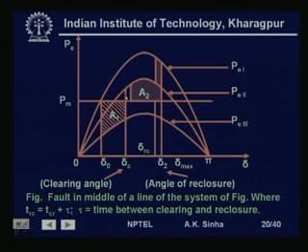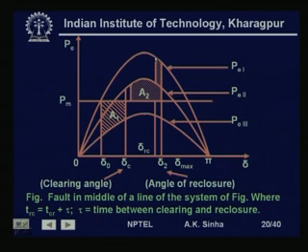So, this whole area from this point up to this should be hatched. So, here we have the operating point moving, and when it has reached this point, if we reclose the circuit breaker and the fault has been cleared, the operating point will jump to this point, and it will keep moving like this.